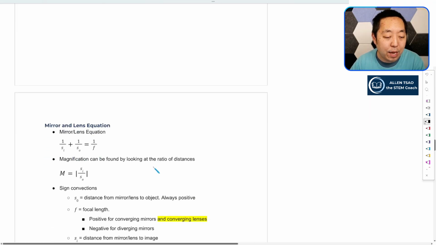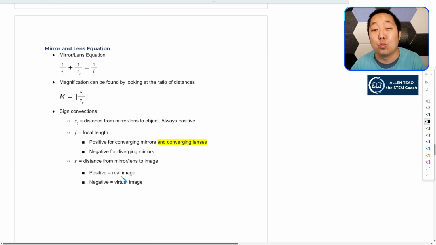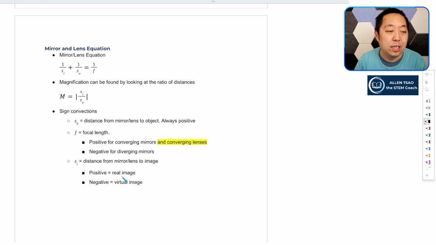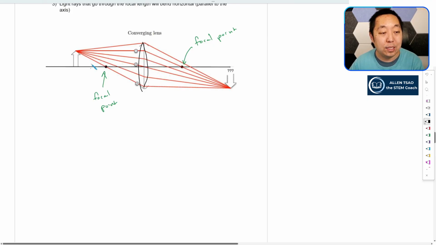So that's why we emphasize that positive just means a real image. It doesn't mean same side or opposite side. That way we don't have to mess with the equation. So it's important you memorize it. Positive doesn't mean a specific side, because it means two different things, whether it's a mirror or a lens. With a mirror, the real images will be on the same side as the object because the light bounces.